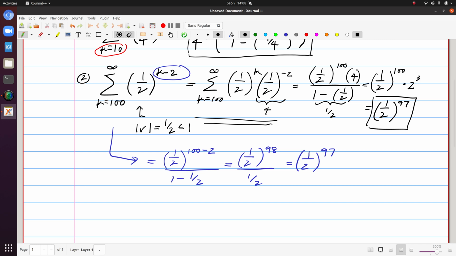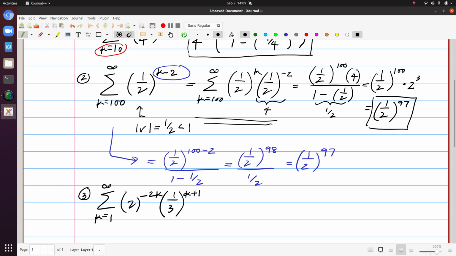And a third one here, what if we had to find the sum from 1 to infinity of 2 raised to the minus 2k times 1/3 to the k plus 1. So here, what we have to be careful with is that it looks like there's kind of 2 r values, but if I really suspect that this is geometric, I need to be able to simplify it such that I get one constant raised to something dependent on k.